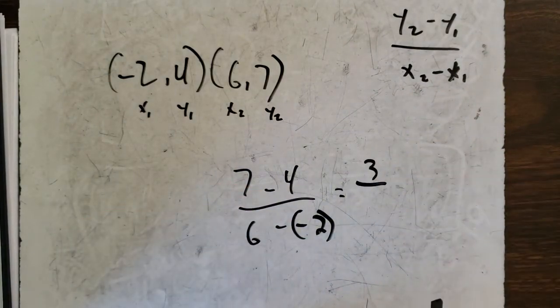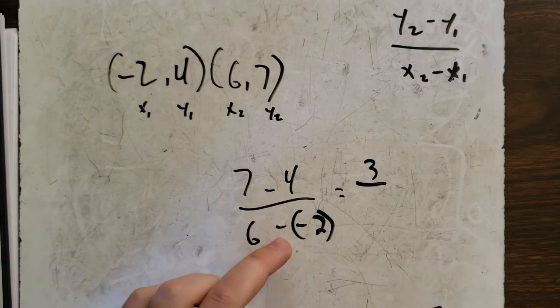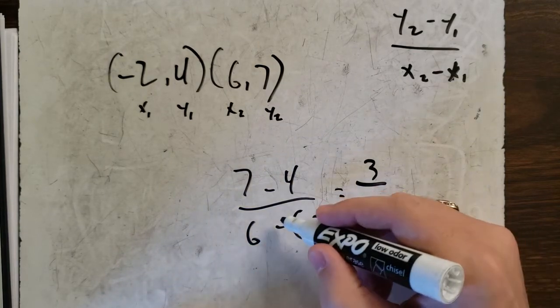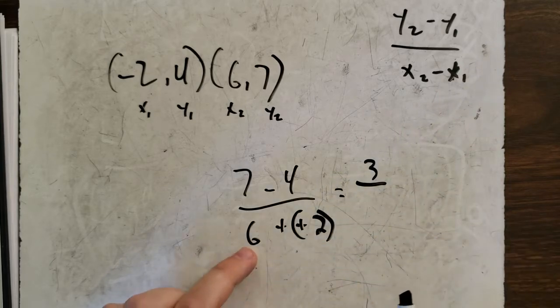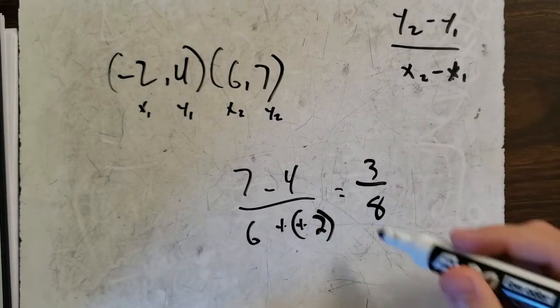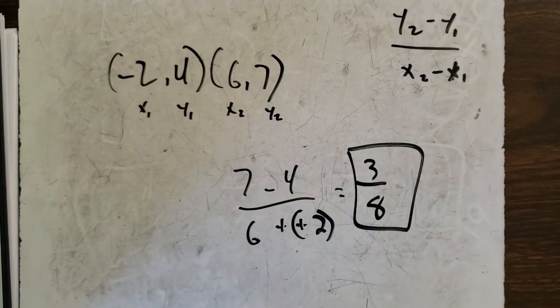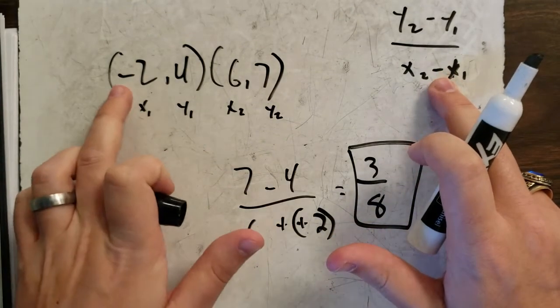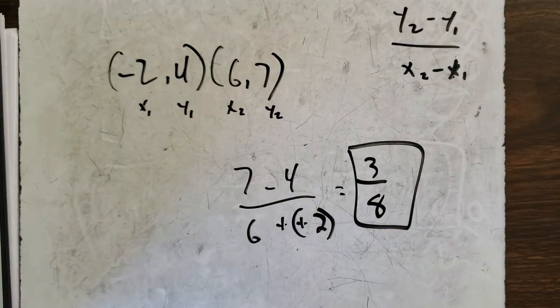And then 6 minus negative 2. Remember, a minus and a negative turns it into a positive, right? So that means you add, and 6 plus 2 would be 8. Our fraction is reduced. No more left to do. Simple as that. So remember, keep the minus in the formula, add the negatives when you need to, okay?